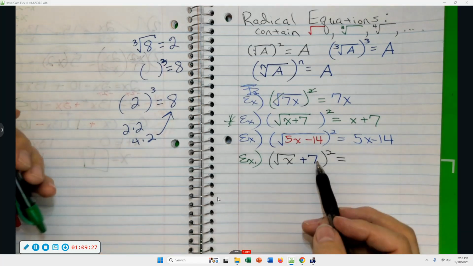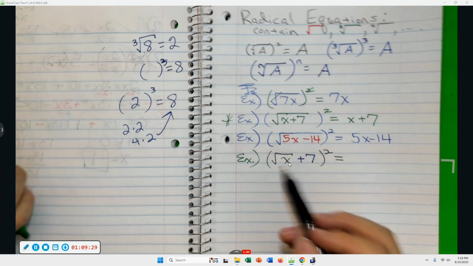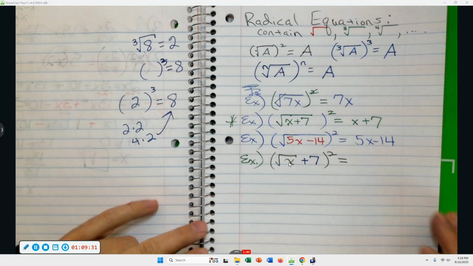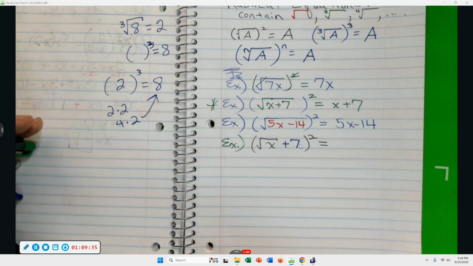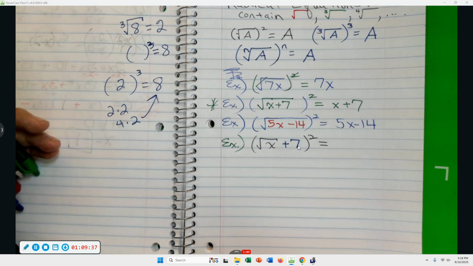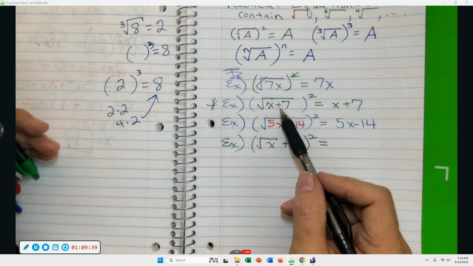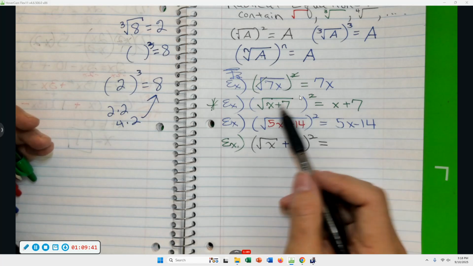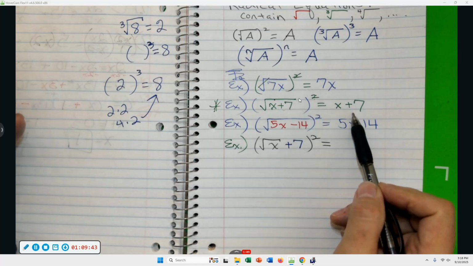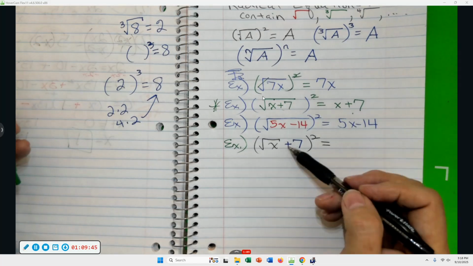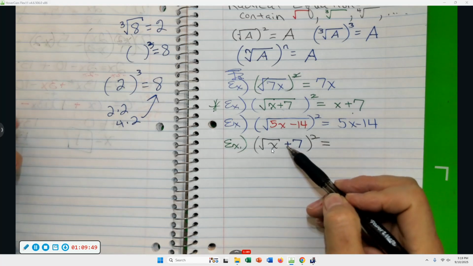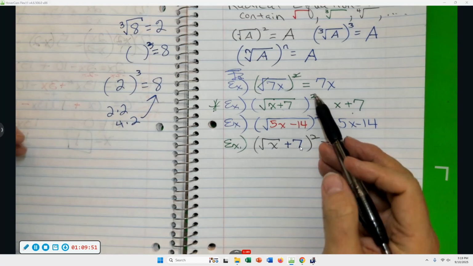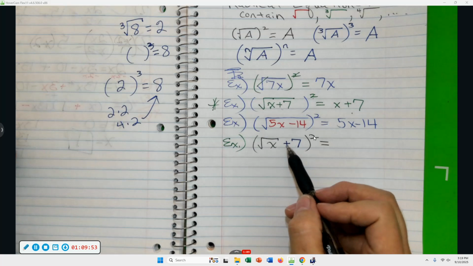The plus 7 is no longer under the radical. I'm trying to make a point here, so just bear with me. If everything's under the radical, when you square the square root, great, you're left with the radicand. But here there's a sum that we're trying to square. How do we square a sum? You're not just trying to square a radical, you're trying to square a sum.